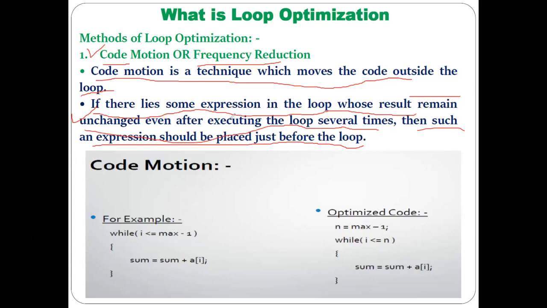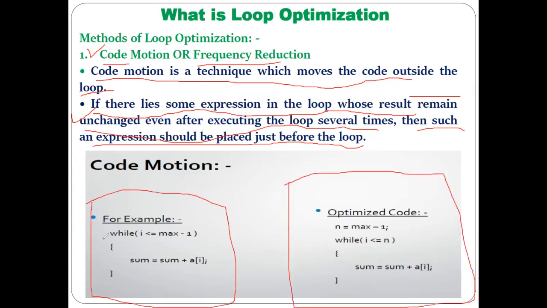Understood. Let's see the example. This is the example before the loop code optimization, and this is after the code optimization.